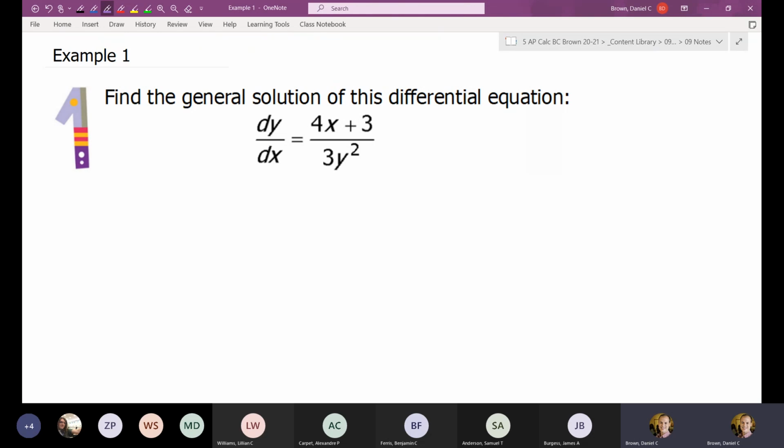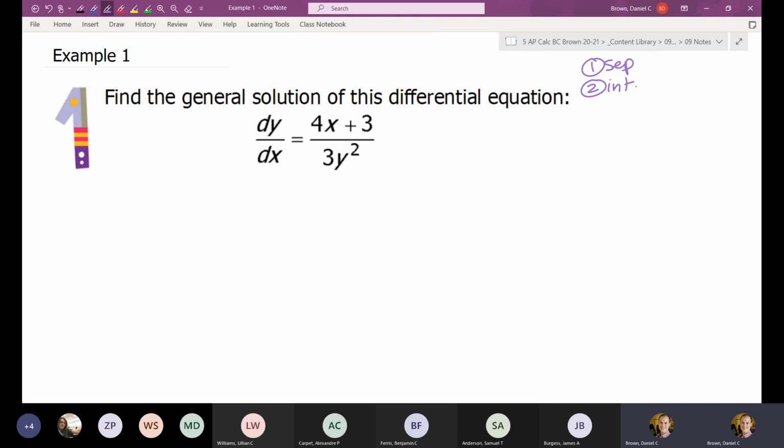So when I look at this one, it just says to find the general solution to this differential equation. So what that tells me is I'm first going to have to separate and then integrate. It doesn't give me a particular solution, so I'm not going to have to plug in the initial condition. It also doesn't tell me that I need to solve for y, so I just need to separate it and then integrate it.